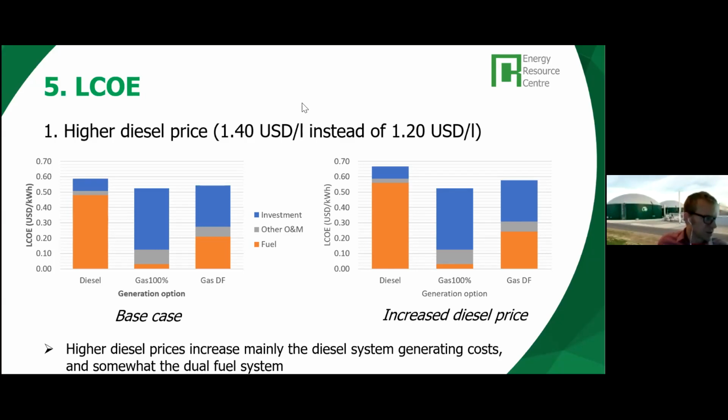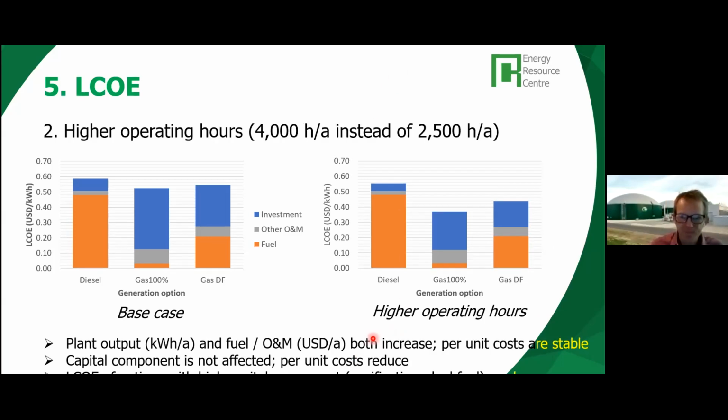We have some votes for an increase in the dual fuel case production cost. We'll have a look. So that's what we have in this sheet. We show the effect of higher operating hours. It's 4,000 hours per year instead of 2,500.